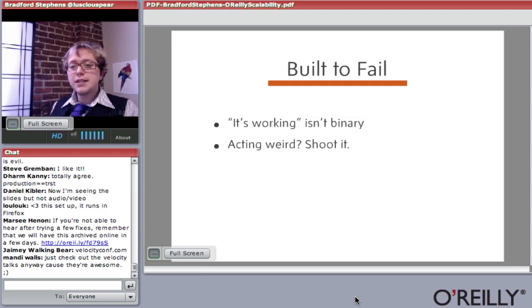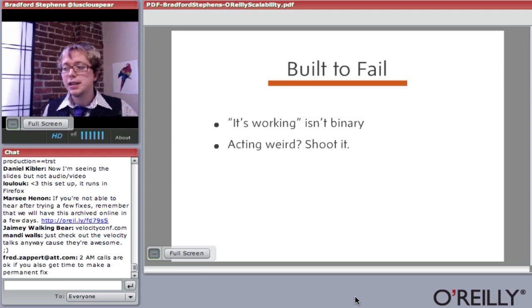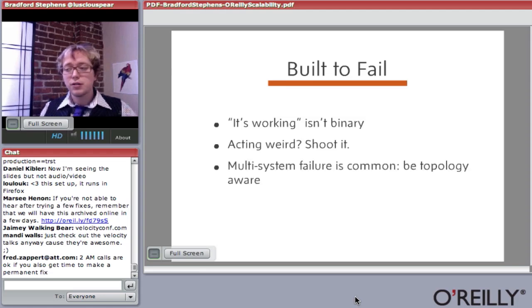But these days with these large clusters, because the code can be complex or because machines in rack A may interact with machines in rack B in weird ways, you're often going to see things like malformed requests or a machine that may spit out data every 3 minutes and then not spit anything out for 10 minutes. So if something isn't working and you've built your architecture to be fault tolerant, just shoot it instantly. Anytime something looks weird, just bring it down because you don't want your data to be corrupt or you don't want those failures to really cascade.